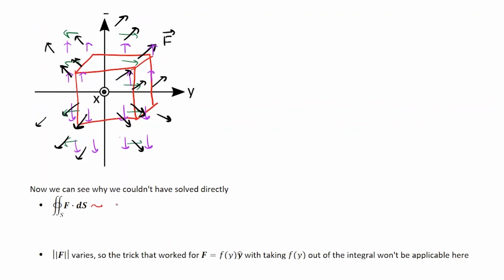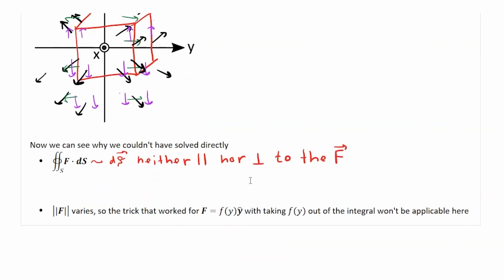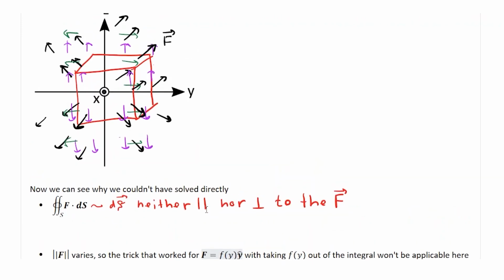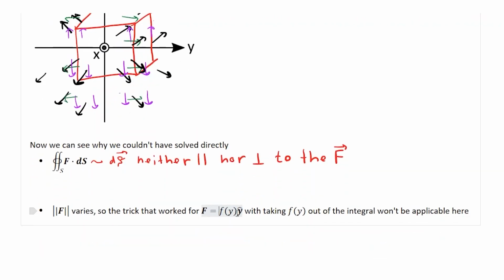So let me write this formally. Your dS vector is neither parallel nor perpendicular to the field. Also, remember how we had this trick when we wrote F like this, and then we took this y component and then we took it out of the integral because it was a constant on all the surfaces of interest.